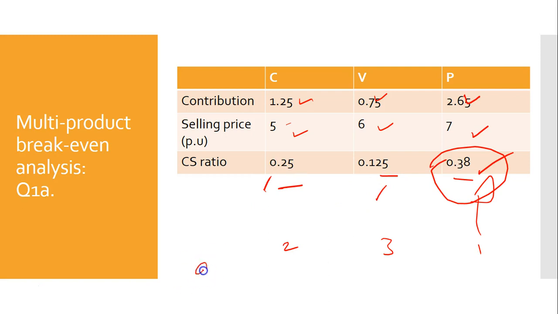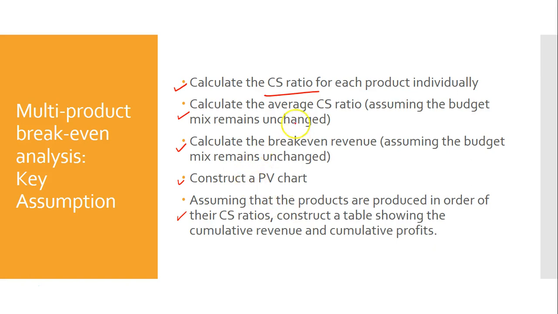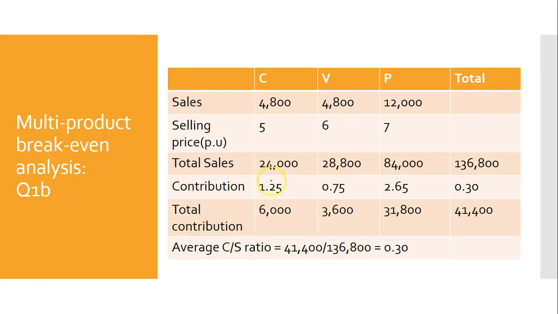We just want to know the average; we pretend we are fusing all these products into one type of product. So, in order to find the average C over S ratio, which is the next question, what we do is we find the total sales and the total contribution. So just pretend it's all one product.